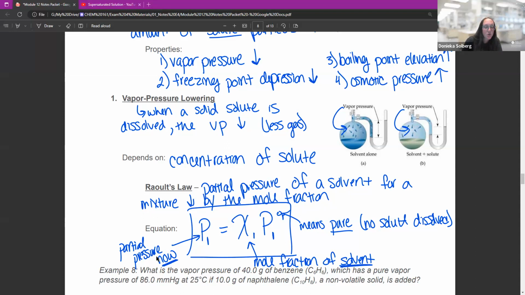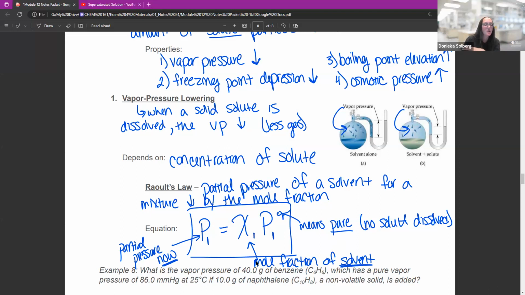So the new partial pressure, P1 or whatever your substance is, after you dissolve stuff equals the mole fraction of your solvent times the pure solvent's partial pressure. This is a little zero superscript. It means pure, your solvent without stuff dissolved. So that times the mole fraction gives you your new partial pressure, which should be lower than your original partial pressure.